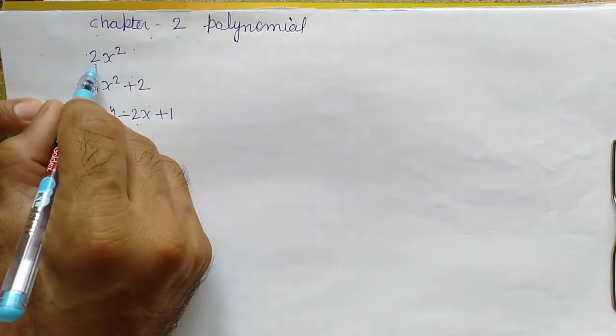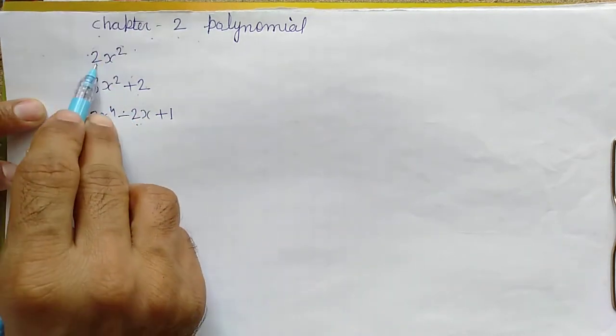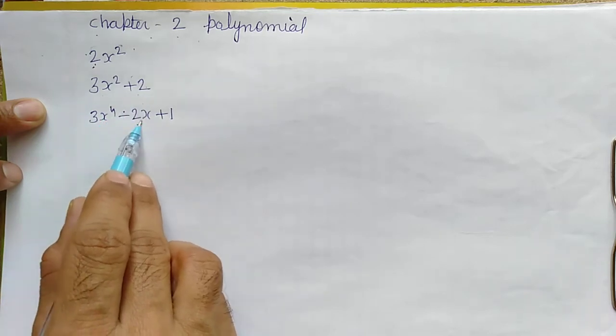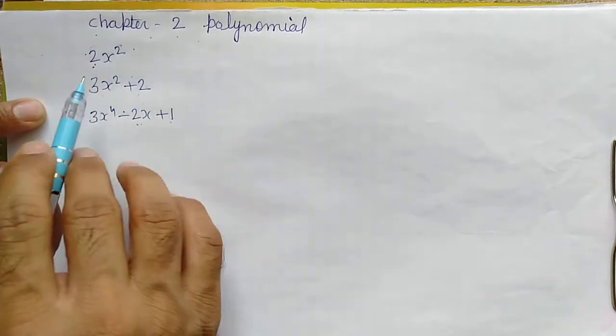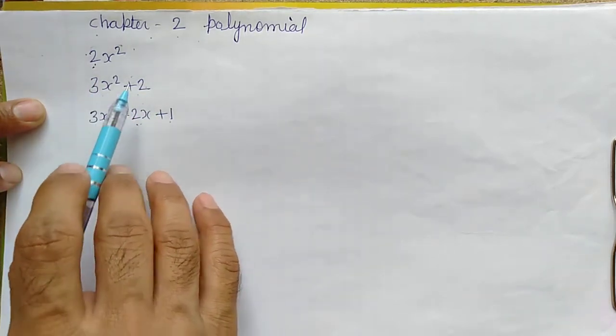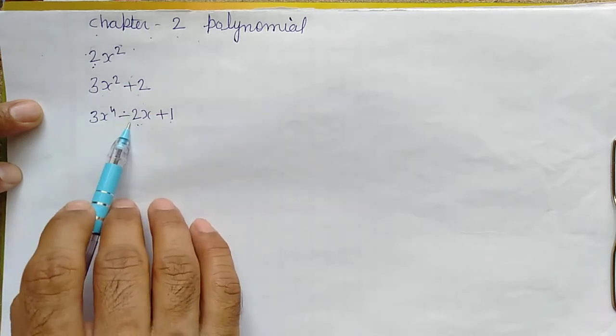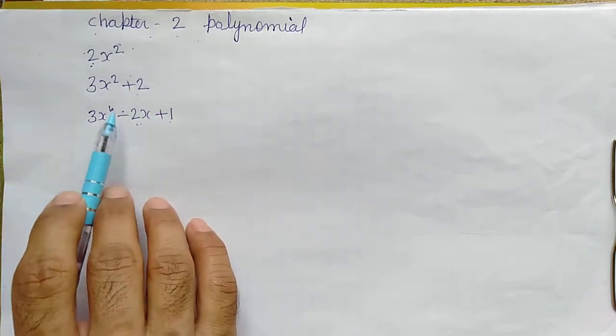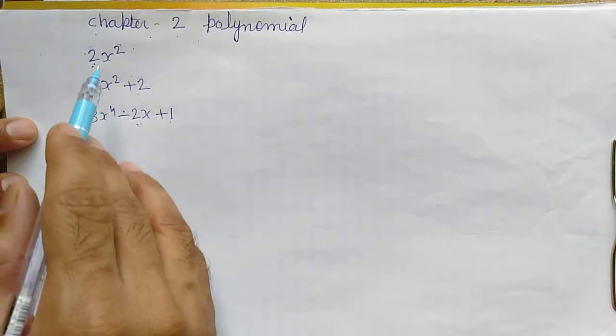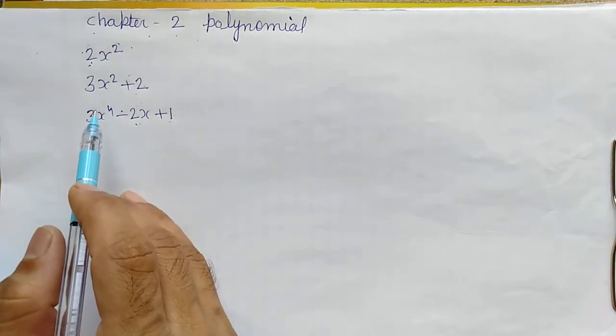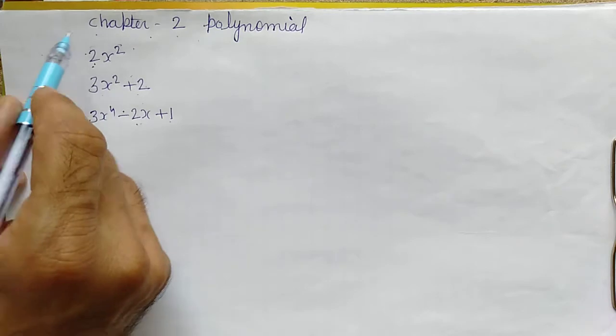Now, if an expression contains one term, see, this is one term, here we have two terms, here we have three terms, and these terms are separated by plus or minus sign, right? These are expressions, and these are only called polynomial. Now see what is actually polynomial.